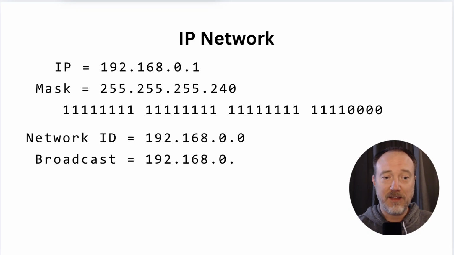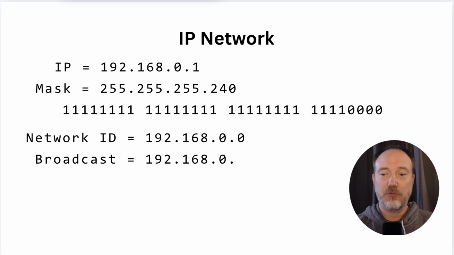The first 3 octets are all network bits, so we can just copy those down to the broadcast address, because we know when we do that AND operation, it's going to result in the same 3 octets. So for our broadcast address, the first 3 octets are going to start with 192.168.0. And now we need to look at that last octet to find that value.